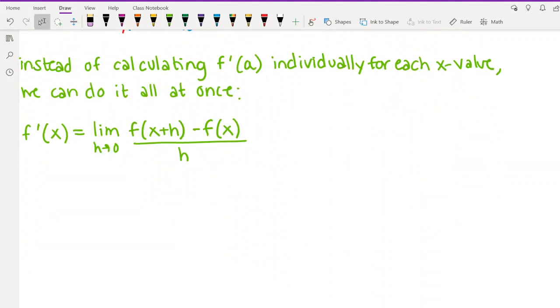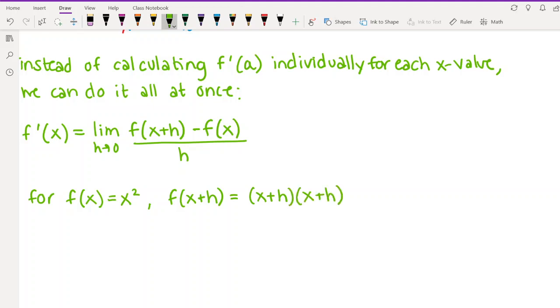So we need to figure out what f of x plus h is, right, first. That is going to be part of what goes into our formula. So f of x plus h, if we have f of x is equal to x squared, f of x plus h is going to be x plus h times x plus h. And that's going to give us x squared plus 2 times x times h plus h squared.